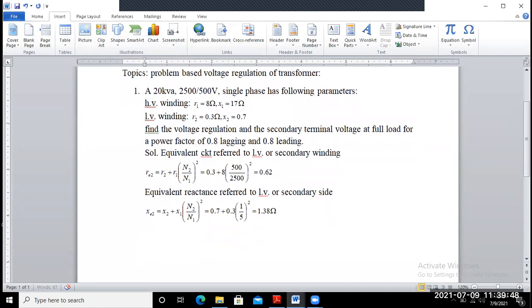So full load current is equal to 20,000 divided by 500.